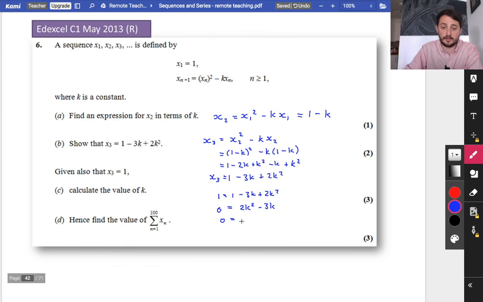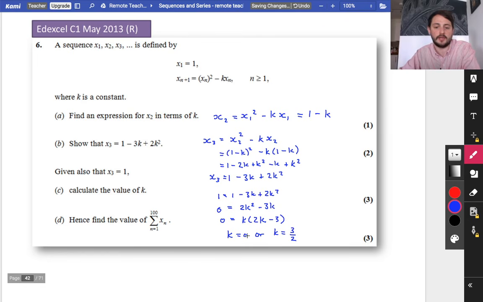I'm going to factorize out a single k. So that's k, which is 2k minus 3. So here what am I going to do? Solve this, so I either get that k is equal to 0 or k is equal to 3 over 2.